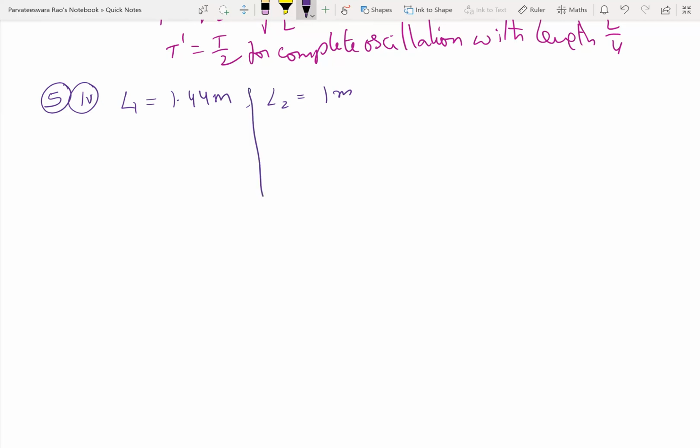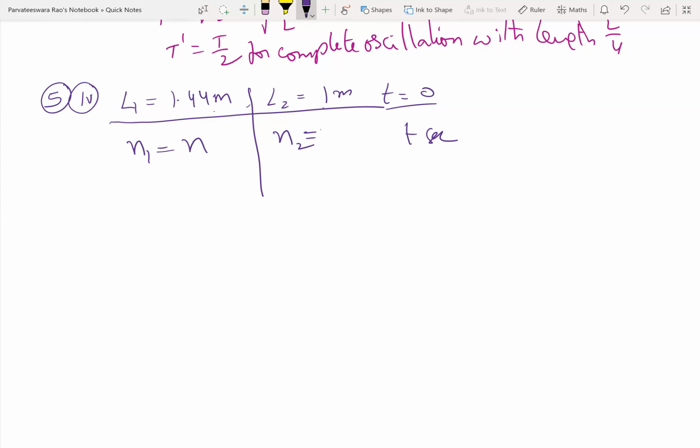So let us assume that at t is equal to 0, they are swinging together. Now, after t seconds, the first pendulum made n oscillations, the second pendulum made n2 oscillations. Since lengths are different, the period will be different.